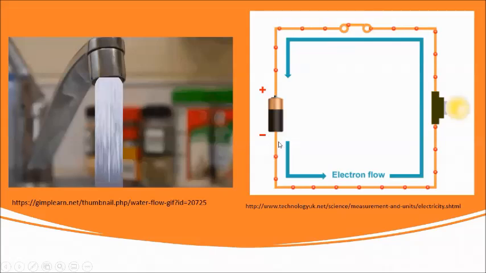So the term current probably comes from the analogy with the flow of water in a pipe. The strength of a water current depends on both the speed of water molecules and the number of water molecules involved in the flow. In a similar way, we can consider the flow of electrons in a wire.